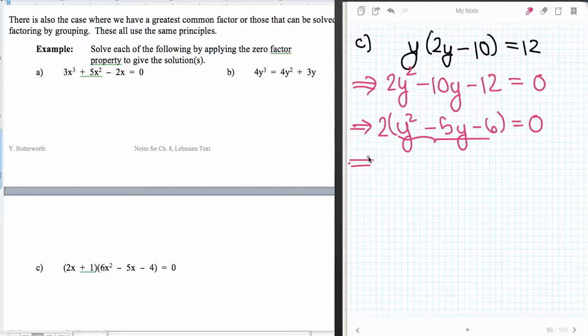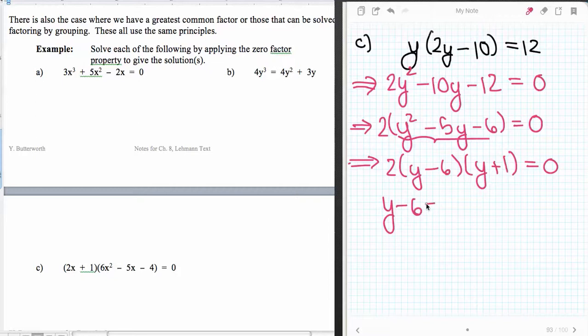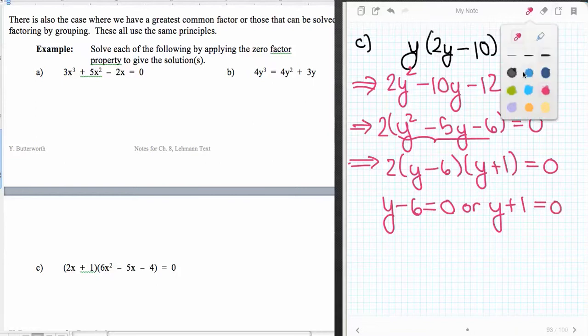So we have 2 times y minus 6, and y plus 1. And then that's equal to 0. And we'll set each factor that contains a variable equal to 0 and solve. And so remember the 2 does not contain a variable. So because this doesn't contain a variable, you don't set it equal to 0.